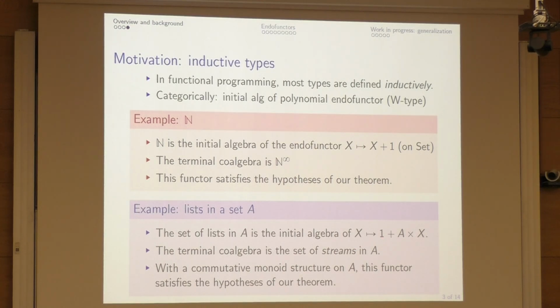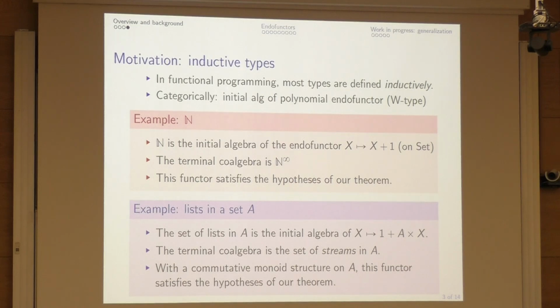So if we want to get the type of lists in a functional programming language, we basically specify this endofunctor, and the type that it produces is the type of lists in a given set, type A. And the terminal coalgebra generalizes this guy, and we call that the set of streams in A. So this is the set of lists, but also infinite lists. So these lists are finite, and the streams include also infinite lists.